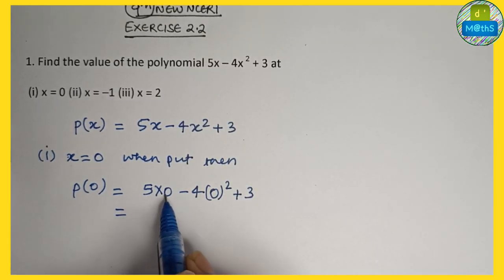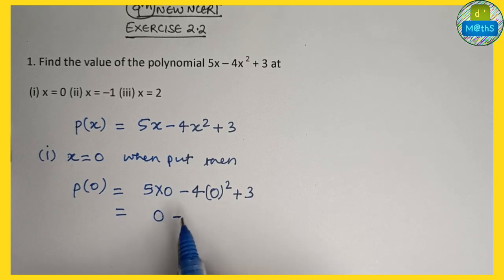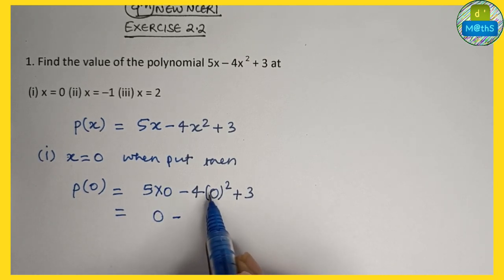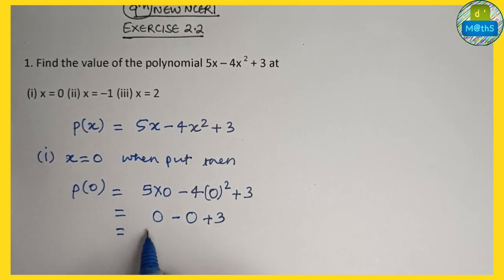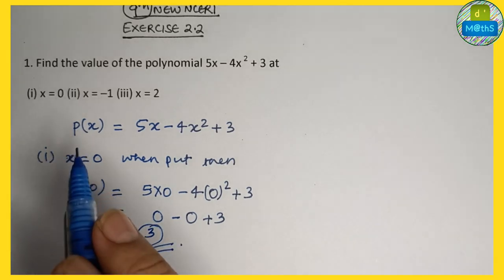When you simplify, 5 into 0 will be 0 only, minus 0 square is 0, and 4 into 0 is 0 only, and it is plus 3. So your answer will be 3 only. So when the input is 0, the value of your polynomial will be 3. So 3 will be your answer when you put x equals 0.